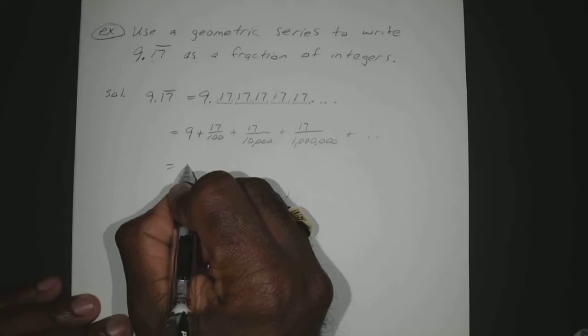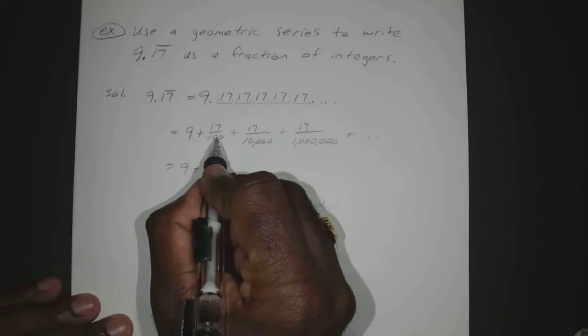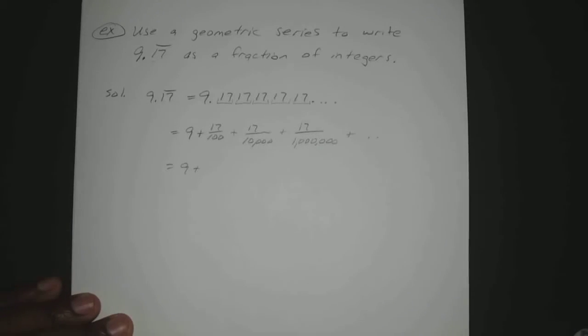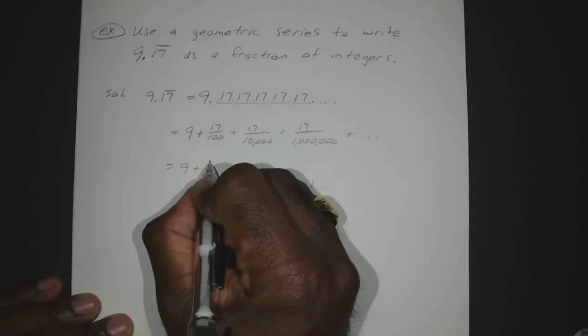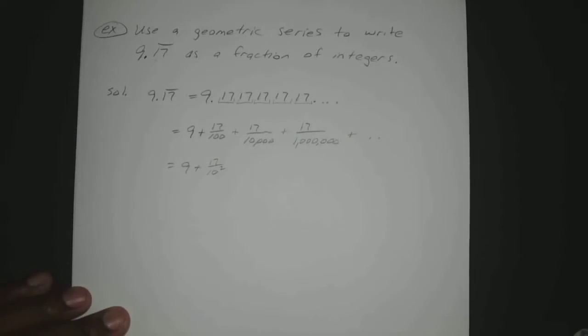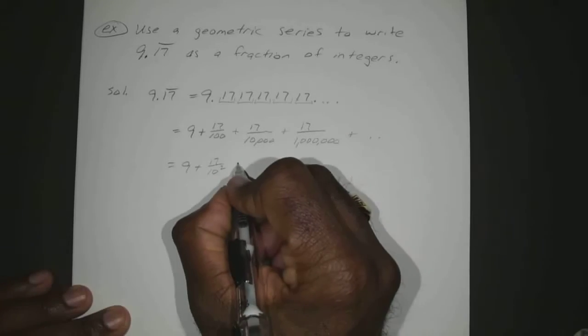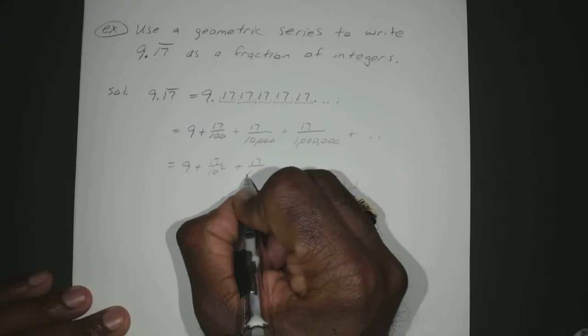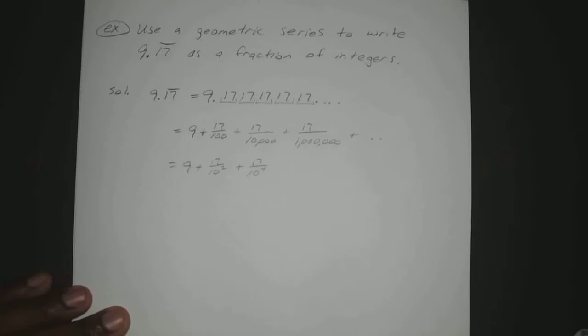Alright, so that's going to equal 9 plus 17 over 100. You can write 100 as 10 squared. So that's 17 over 10 squared. 10,000, you can write that as 10 to the 4th. So it's plus 17 over 10 to the 4th.